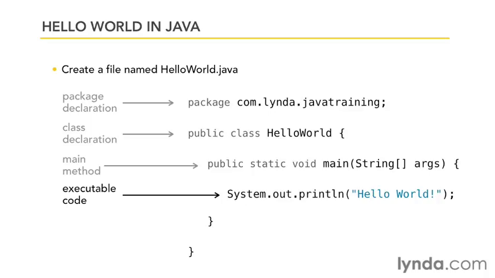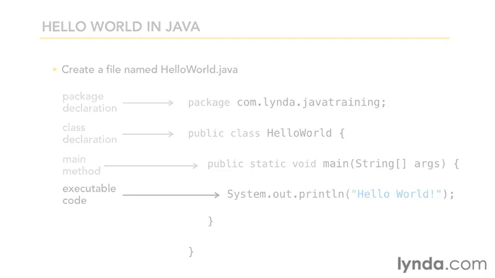This application simply outputs the text Hello World to the command line using the command System.out.println, or print line. Notice that this string is ended with a semicolon. The semicolon is like a period in English. It means this is the end of the statement. So System.out.println Hello World means output the string Hello World to the command line.